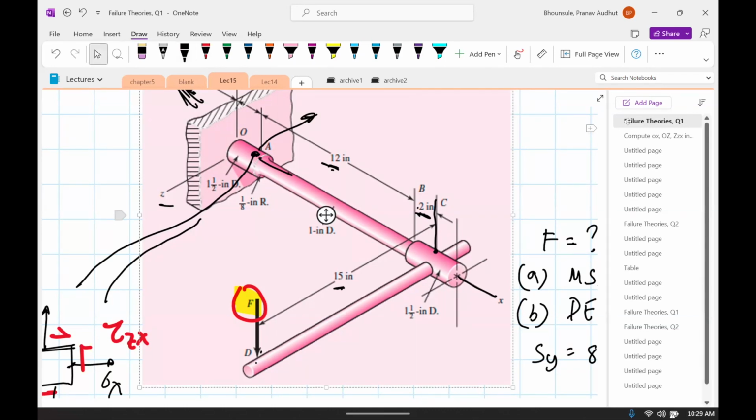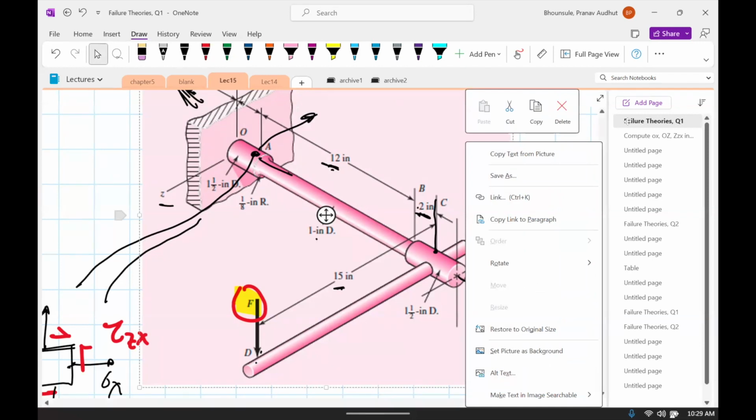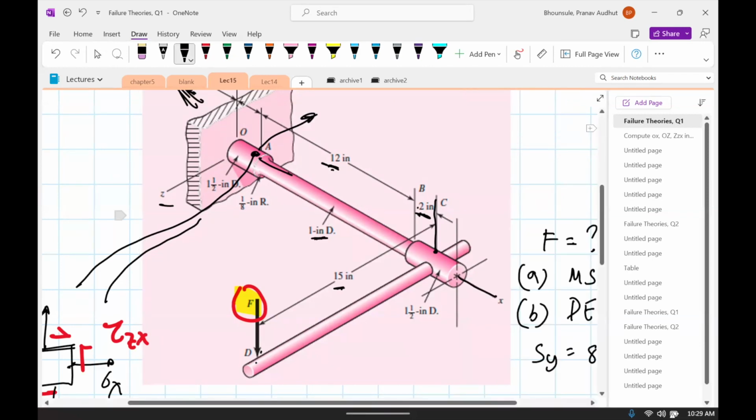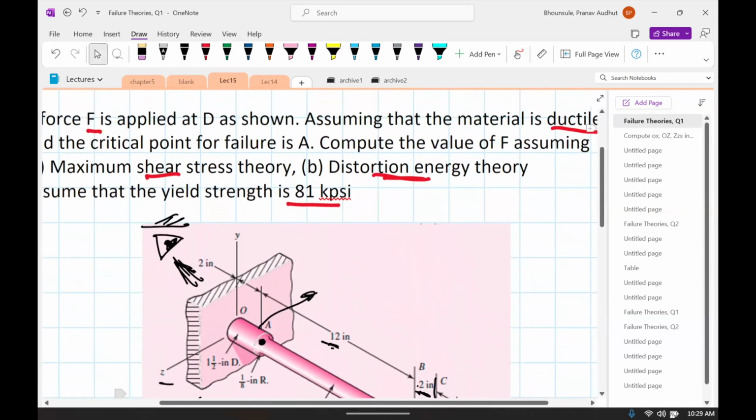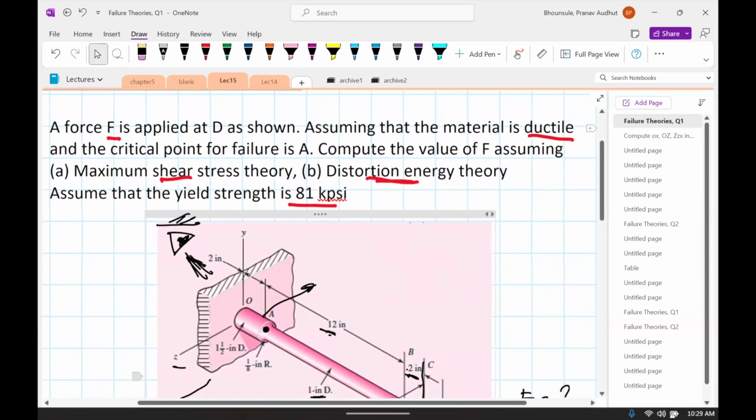Oh, but wait, this is 1 inch. Yeah, this is how I assumed it. Let's assume A to be here. It just doesn't matter, it's just a matter of calculation. Nothing is given, right?